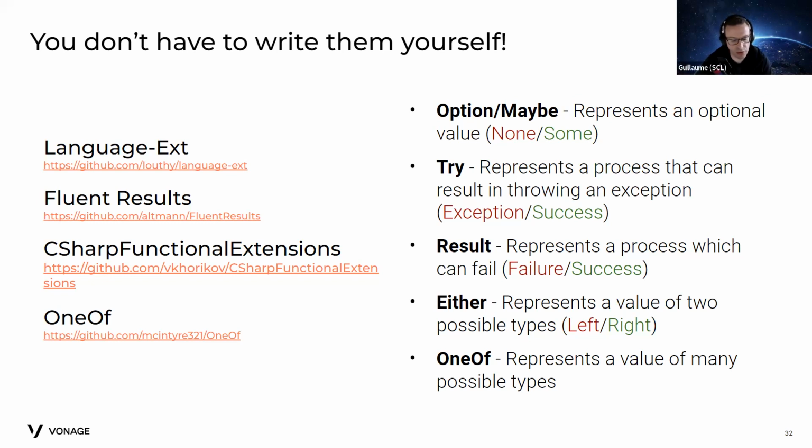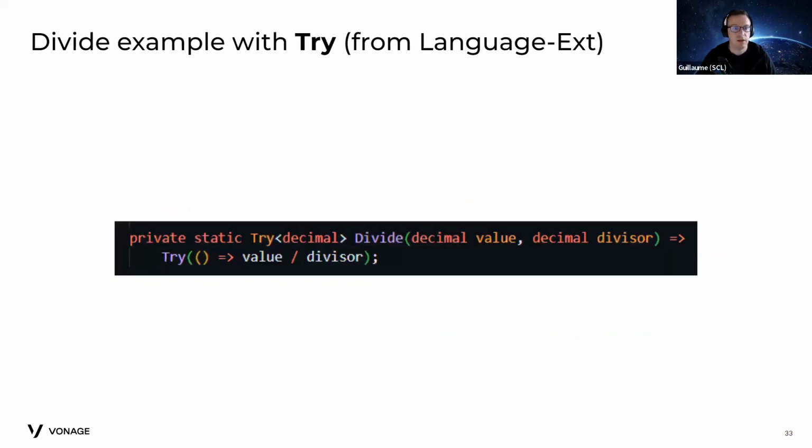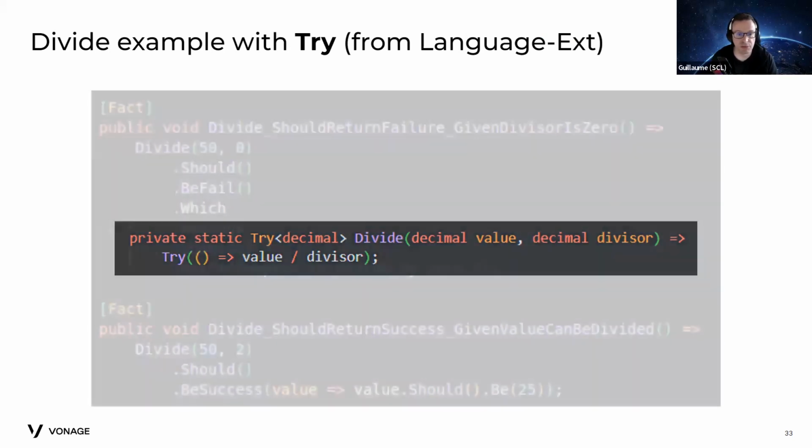So I want to show you how we could rewrite the first example we've seen from Microsoft using monads from LanguageExt. This is with what we call a Try. So a Try monad is a monad that can represent either a value or an exception. In our case, we have Try of value divided by divisor, and in that case, we have either the decimal or the exception itself.